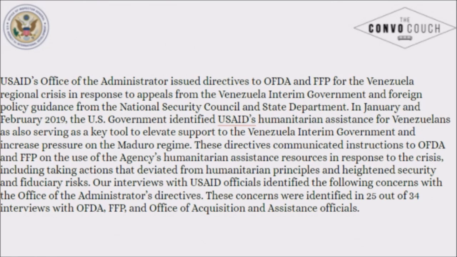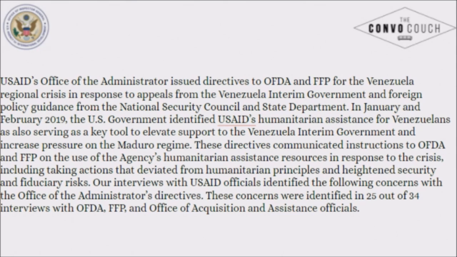These directives communicated instructions to the OFDA and FFP on the use of the agency's humanitarian assistance resources in response to the crises, including taking actions that deviated from humanitarian principles and heightened security and fiduciary risks. Our interviews with USAID officials identified the following concerns with the Office Administrative Directives.